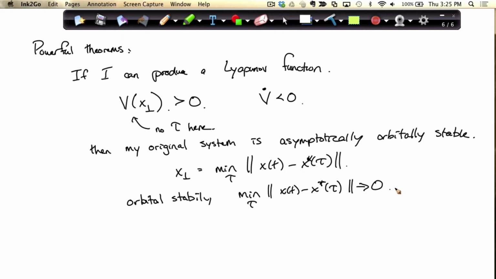And then if it's an orbit of a dynamical system, then I've got some dynamics in tau. That means it's going to be a stable limit cycle. In fact, it doesn't have to move around the cycle to be orbitally stable, but almost always, if tau is a surrogate for time, it's going to move along that cycle. Okay. The definition of orbital stability says the distance between my state and my orbit goes to 0, and that can hold locally, regionally, or globally.